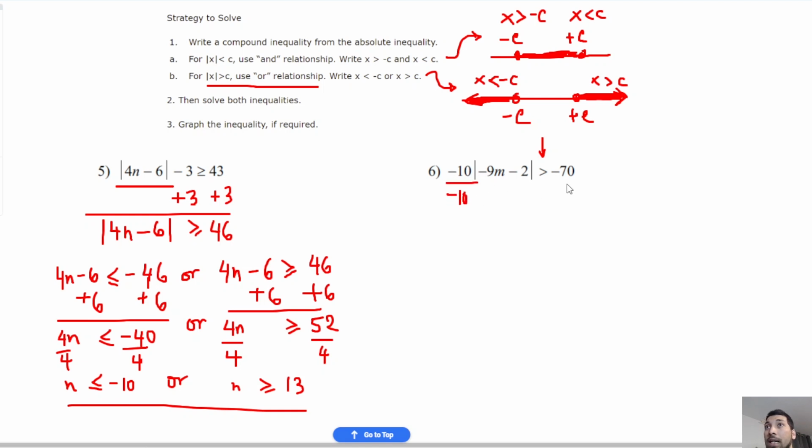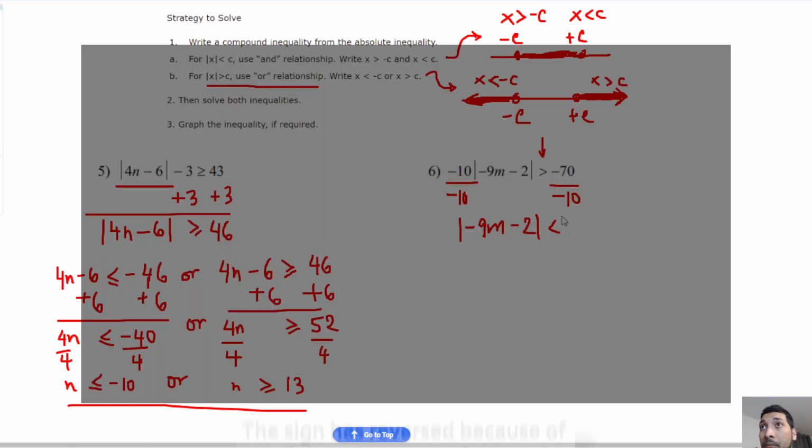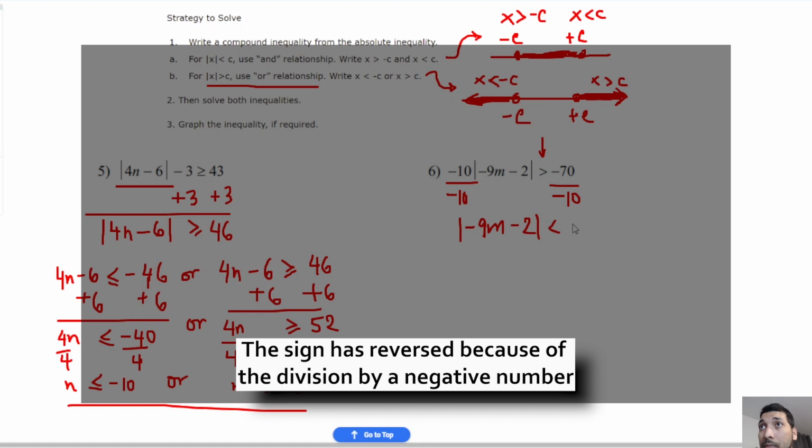When I divide by negative 10, I have this absolute value quantity in isolated form. But now that we divided by a negative number, this inequality symbol will be reversed. So we have a less than symbol. Negative 70 divided by negative 10, that is positive 7.